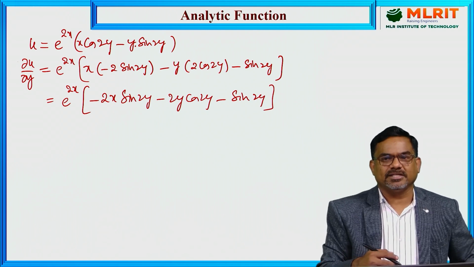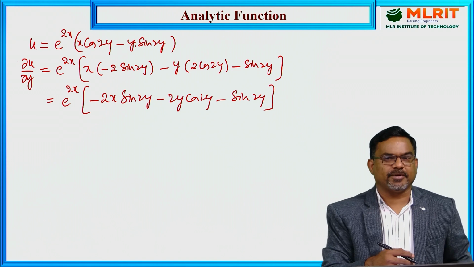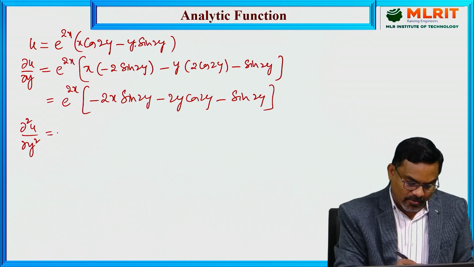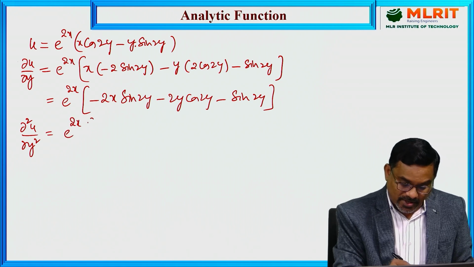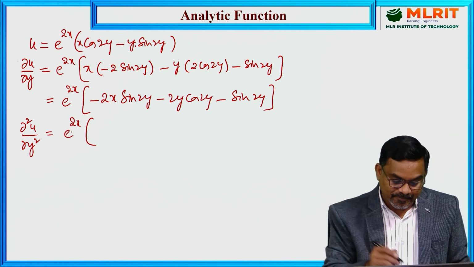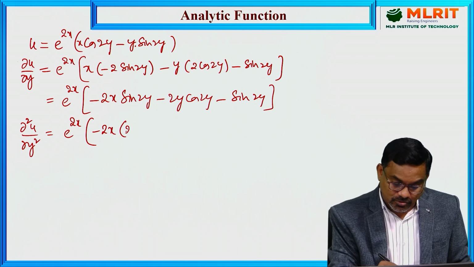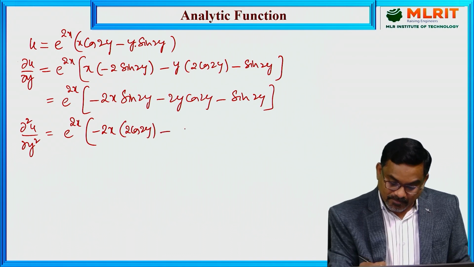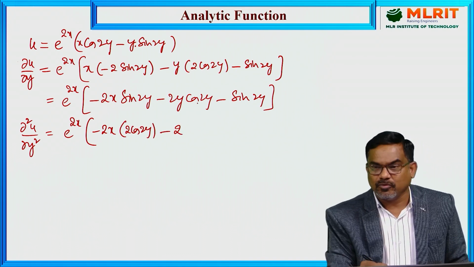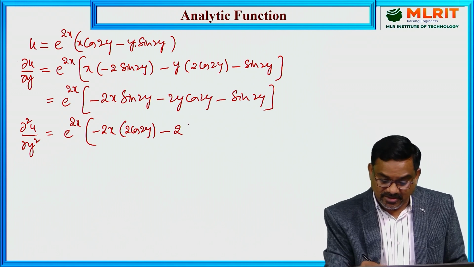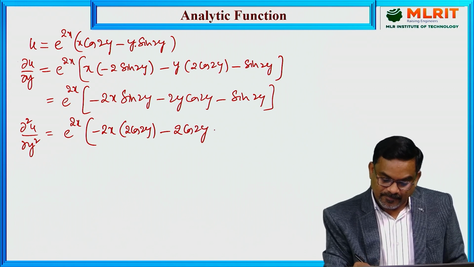Now to find the second order partial derivative of u with respect to y, again differentiate partially with respect to y. So we get dou square u by dou y square. So e power 2x is constant, minus 2x is constant, derivative of sin 2y is 2 cos 2y, minus, here I need to apply uv rule. So 2 into derivative of y is 1, so cos 2y as it is.